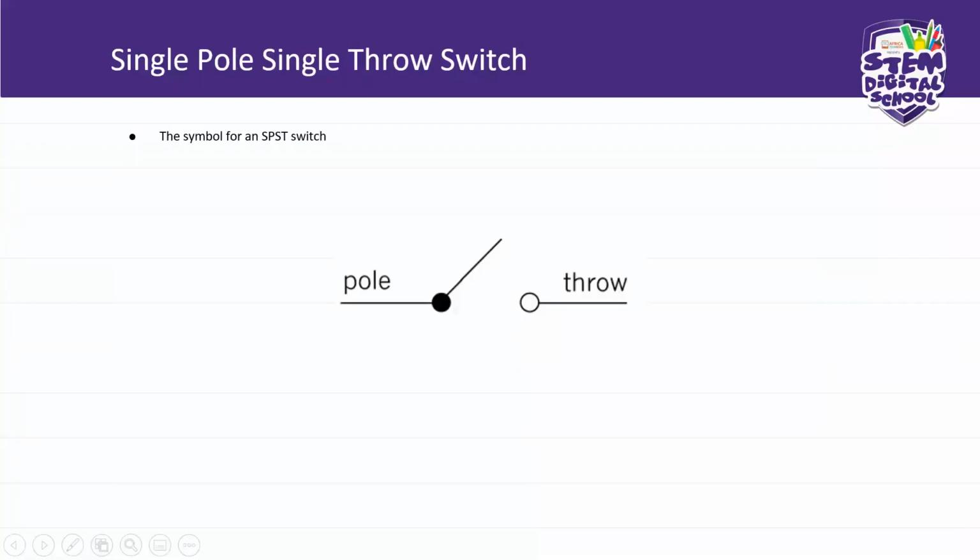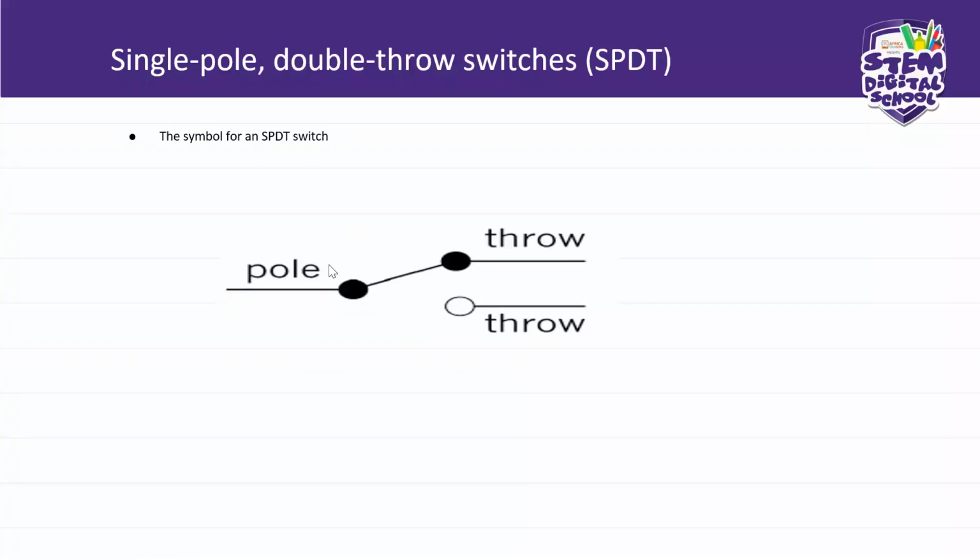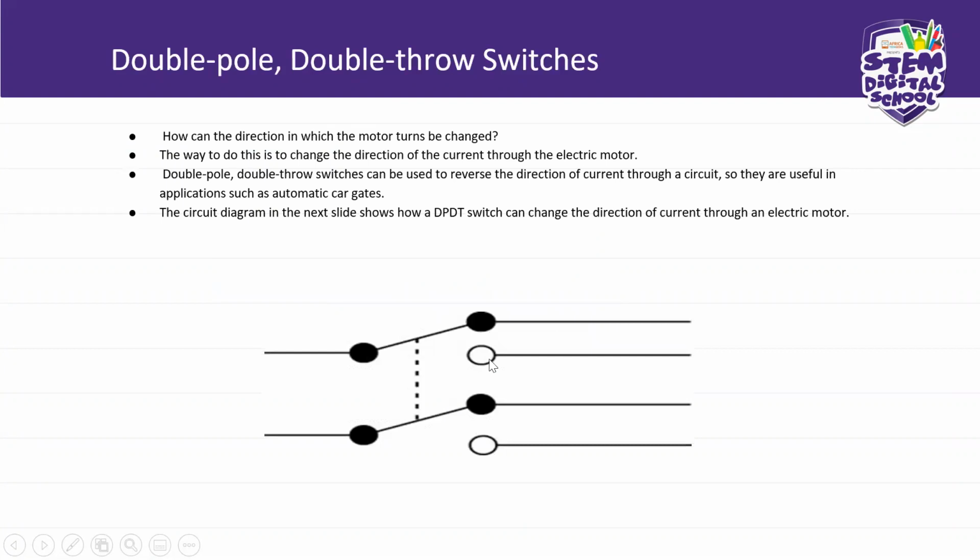But if it is a single pole double throw switch, the graphic symbol looks like this. If it is a double pole double throw, the graphic symbol looks like this. You must be able to recognize and remember the graphic symbol in case you are required to draw the circuit.